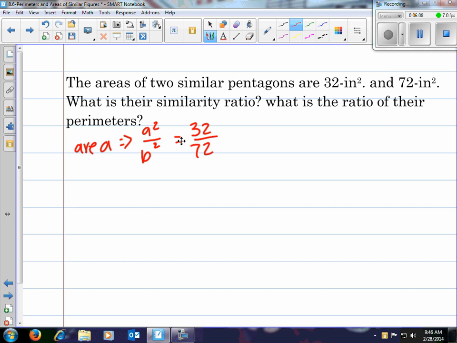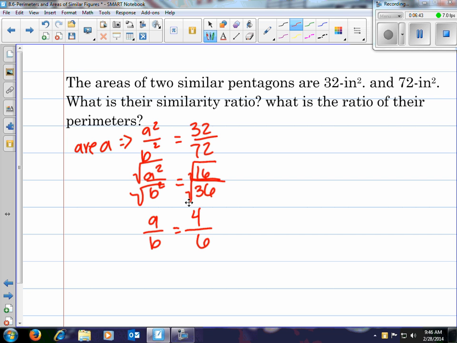Now I'm going to reduce this because I need to get this to a over b. And the only way to do that is to square root both top and bottom. And 32 and 72 are not perfect squares as of right now. So if I divide both of these numbers by 2, then I get a squared over b squared is equal to 16 over 36. Now I can square root every piece. So I get a over b is equal to the square root of 16 is 4, square root of 36 is 6.